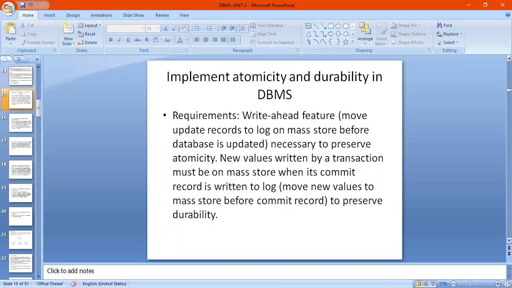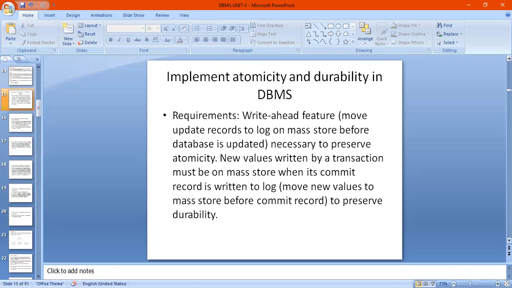Next topic is implementation of atomicity and durability in database. Before that, let us see what the requirements are. Write-ahead feature: move update records to log on mass store before database is updated, necessarily to preserve atomicity.